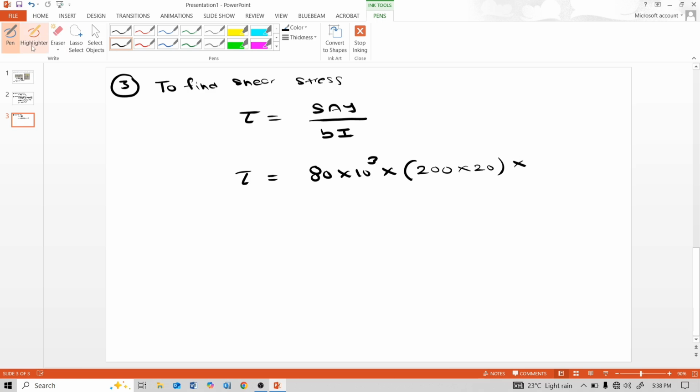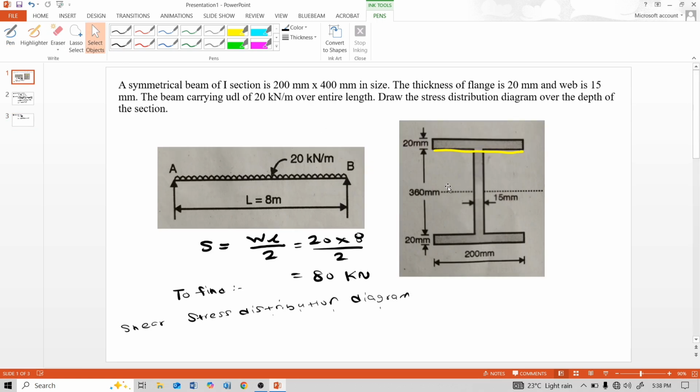And y is also measured from the original neutral axis. The original neutral axis is here at a distance of 200 mm from bottom or from top, because the section is symmetric about the x-axis or y-axis. So 200 mm.